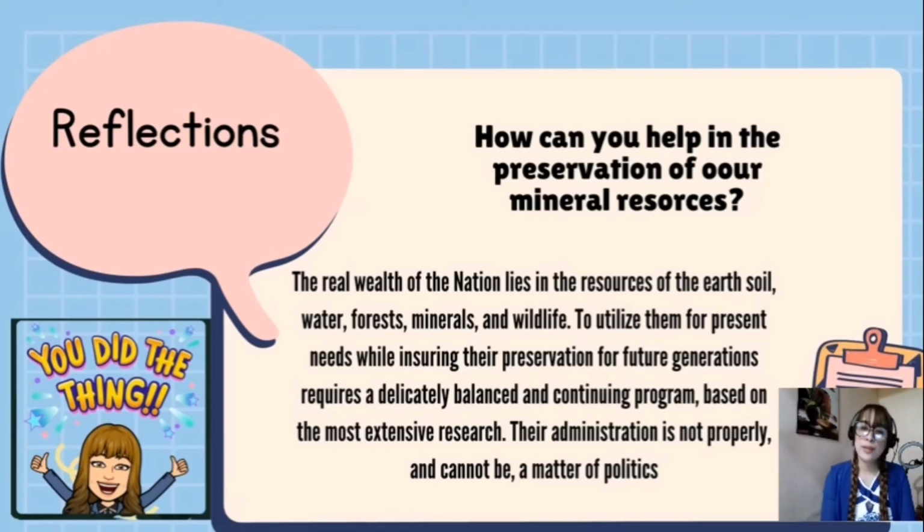And I'm leaving you this quote of the day: the real wealth of a nation lies in the resources of Earth's soil, the water, the forest, the minerals, and wildlife. To utilize them for present needs while ensuring their preservation for future generations requires a delicately balanced and continuous program based on the most extensive research. So their administration is not properly and cannot be a matter of politics.